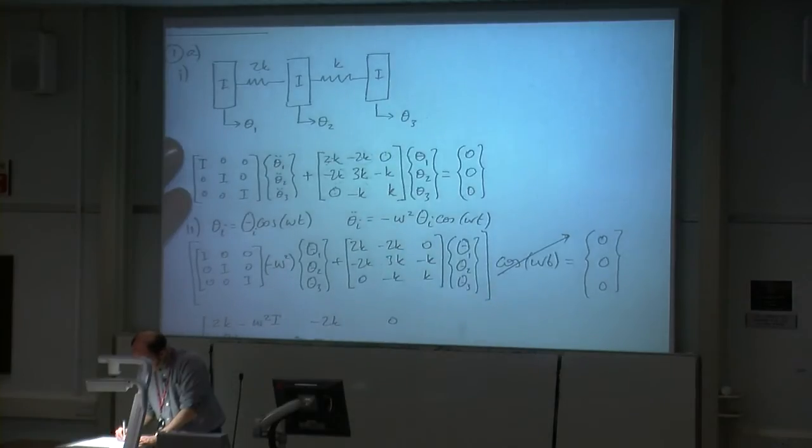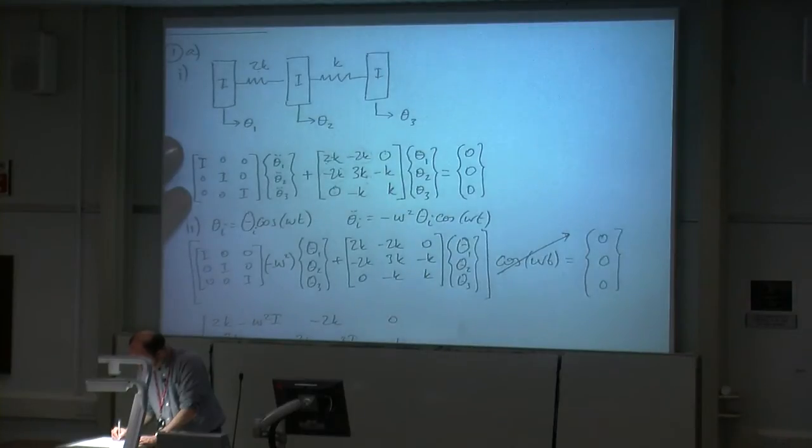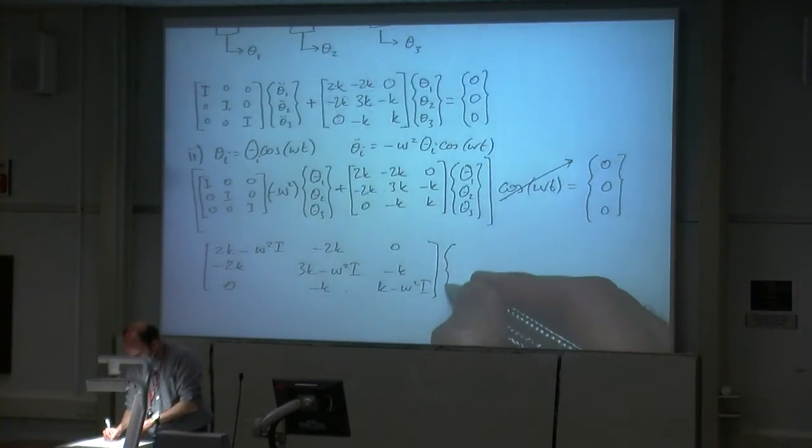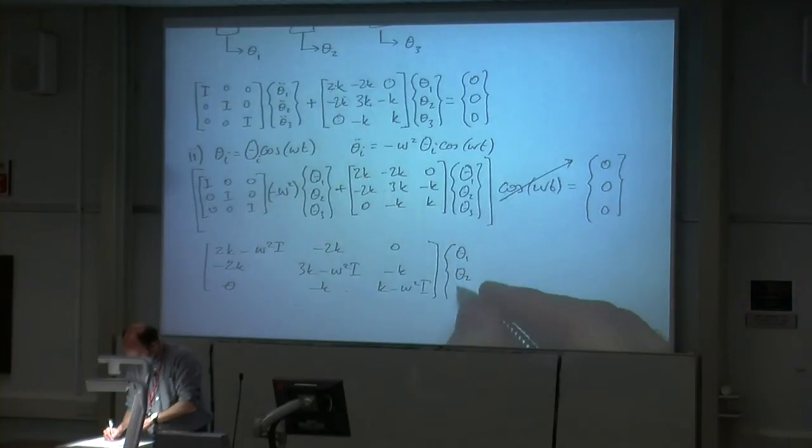We've got 3k minus omega squared times I, minus k, 0, minus k, and then k minus omega squared times I. That's multiplied by theta 1, theta 2, theta 3.